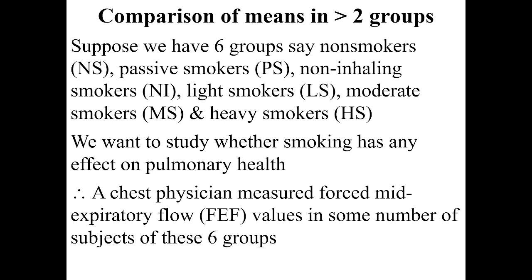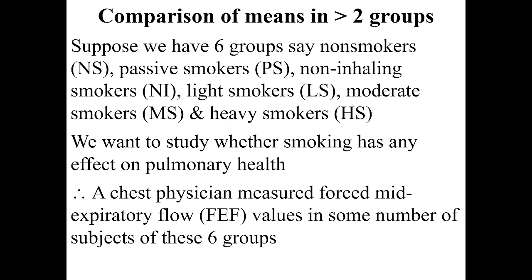But when you have more than two groups, suppose you have 6 groups, say non-smokers, passive smokers, non-inhaling smokers, light smokers, moderate smokers, and heavy smokers, and you want to study whether smoking has any effect on pulmonary health, the lung function.